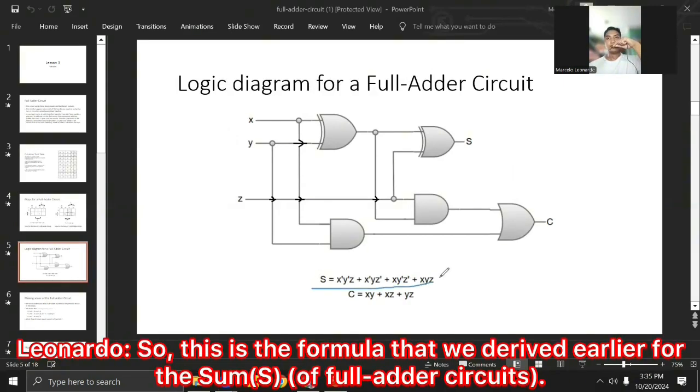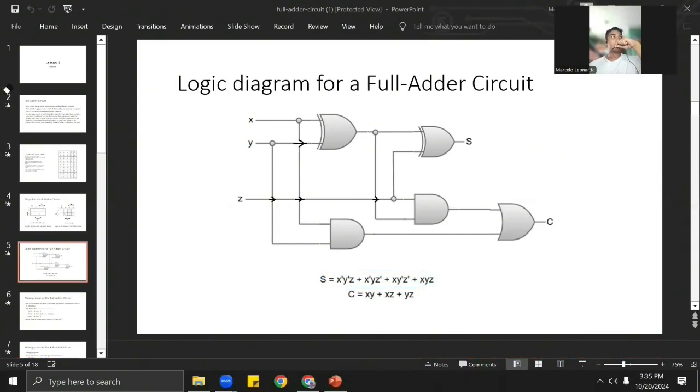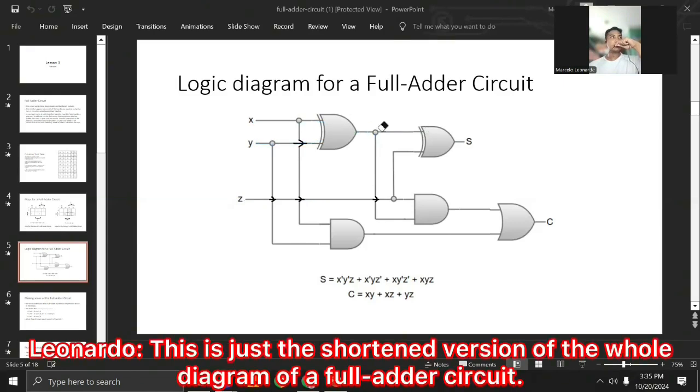So, ito na equation na derive natin kanina for the sum. X not here, then y not, then the z. Kumbaga short diagram siya, full adder.